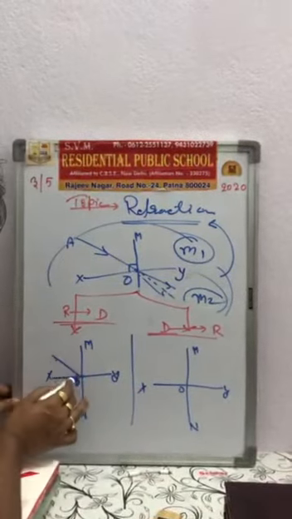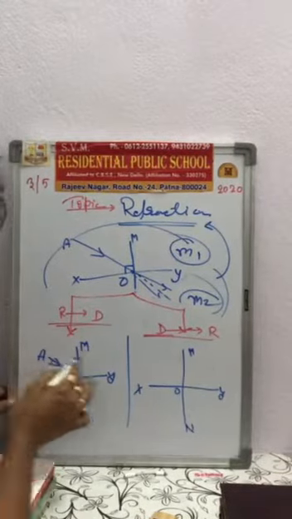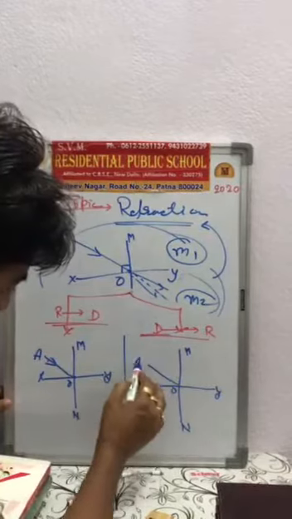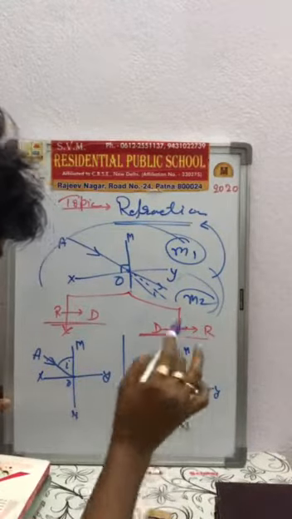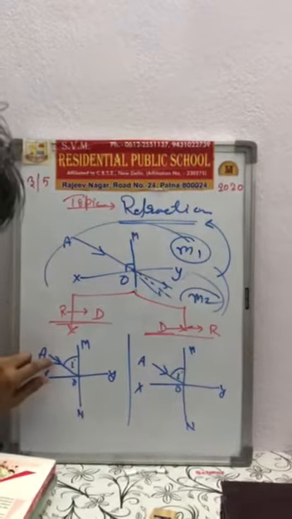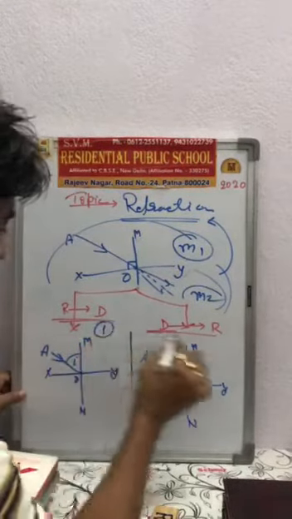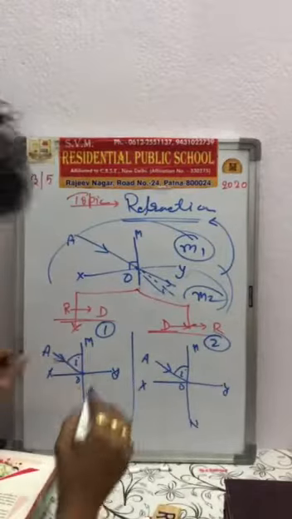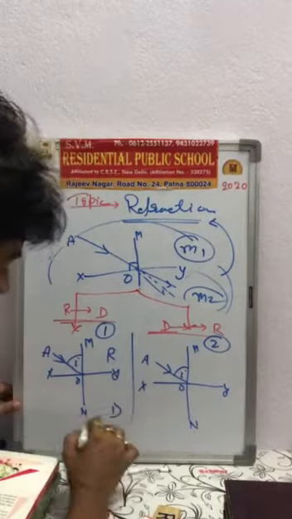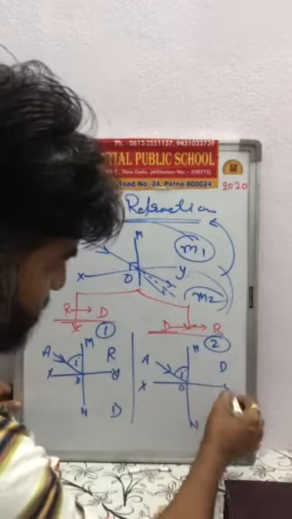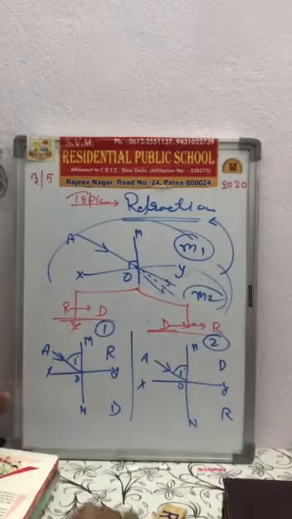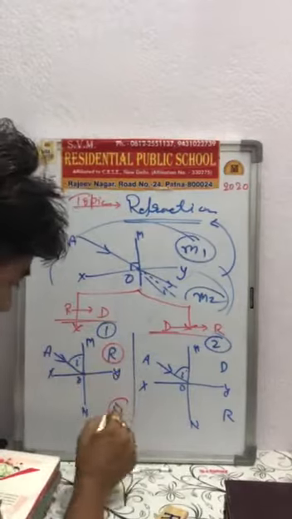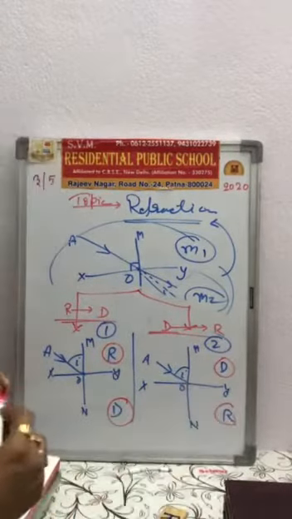This is the incident ray, that means A, and that is the incident angle, I. So the first condition is when light passes from rarer to denser, and the second is denser to rarer.